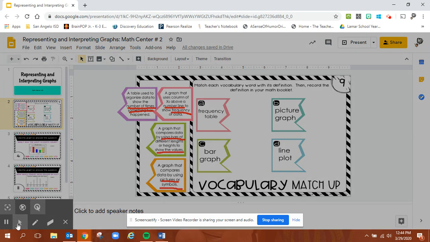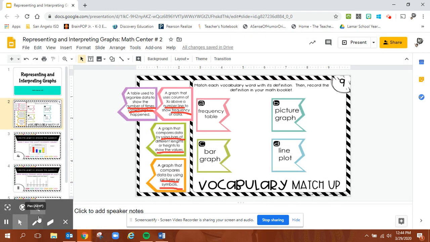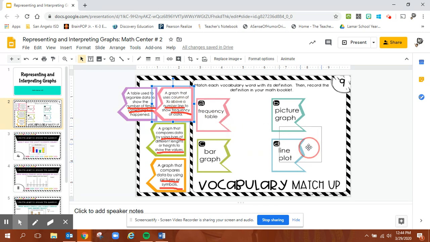Okay, so we're going to do the pink one first. Okay, so a graph that uses columns of x's above a number line to show frequency of data. So remember, a graph that uses a number line, we call that a line plot.